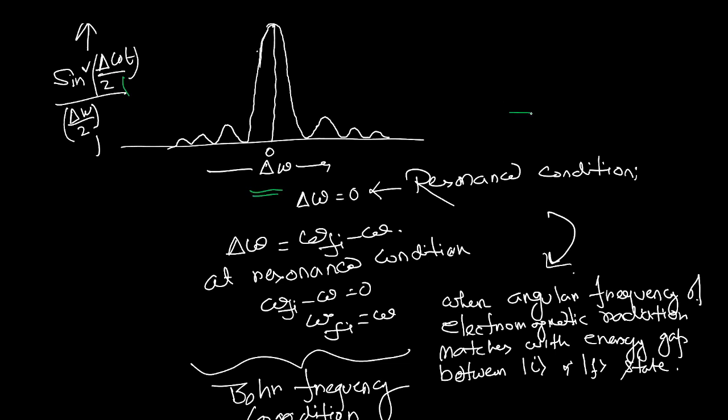So when the light is shined between 0 to t, now if we scan with the difference delta omega, which is the difference omega FI minus omega, what we found is that the profile looks like this. Okay, when the light is on, in all the cases light is on.